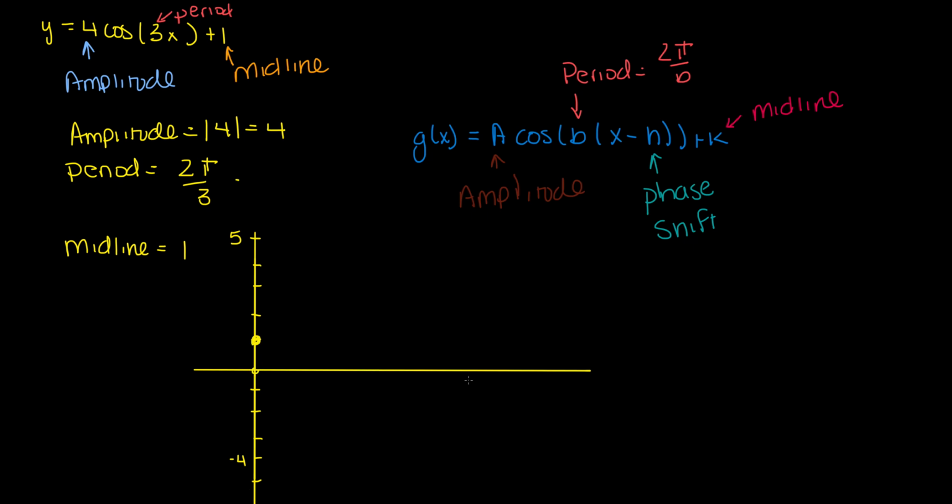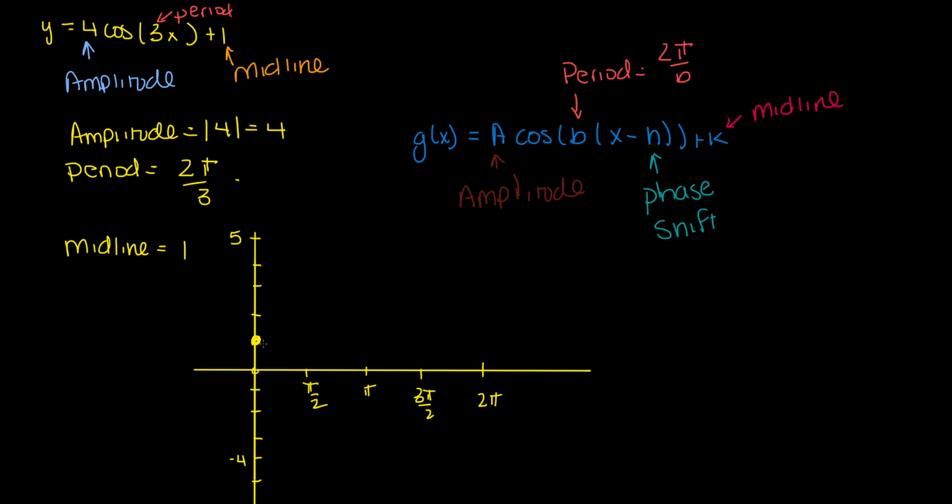We do have a period of 2 pi over 3, which is going to be fun to graph. This is 2 pi. Half of 2 pi is pi. Half of that is pi over 2, and then 3 pi over 2. I always divide it into four quarters, like the unit circle.